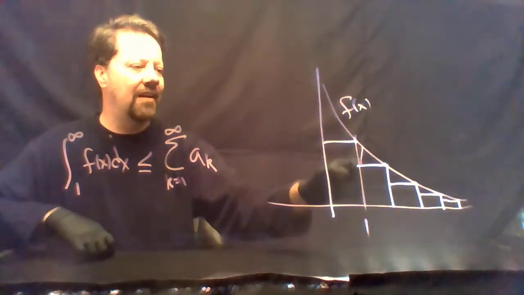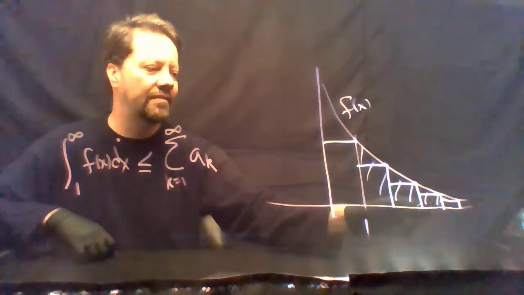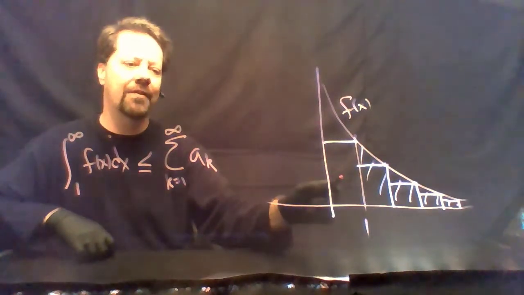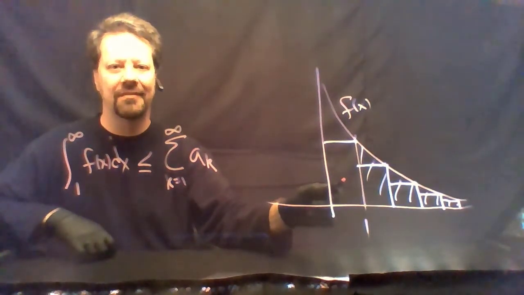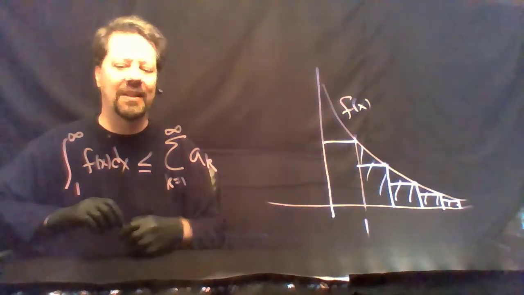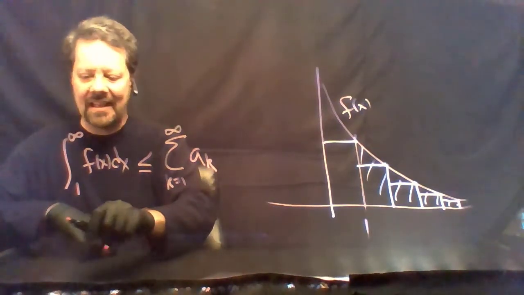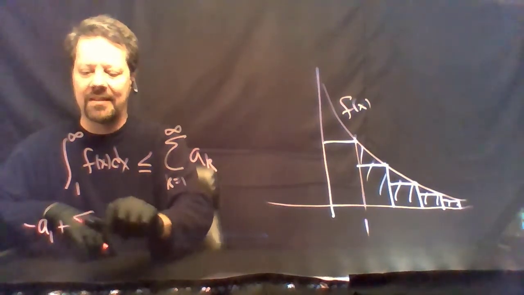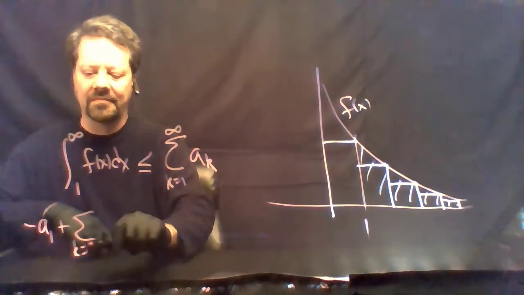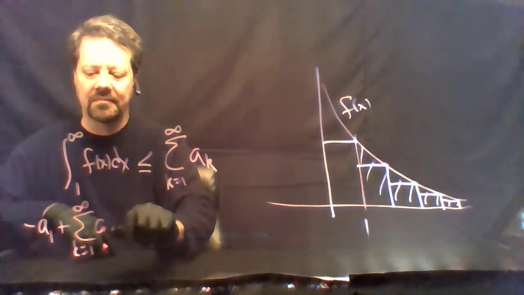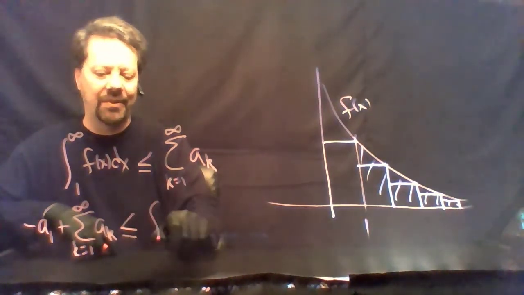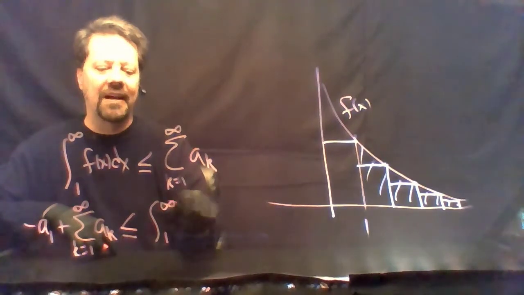Now you can see the area of the undergraph will dominate the sum except for the first term, which we have to subtract off. What that gives us is that minus a1 plus the series will be less than or equal to the area of the undergraph.